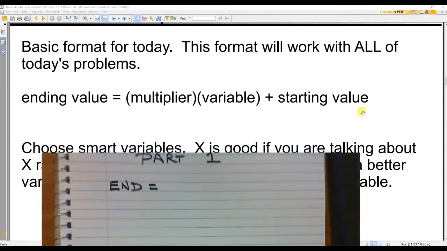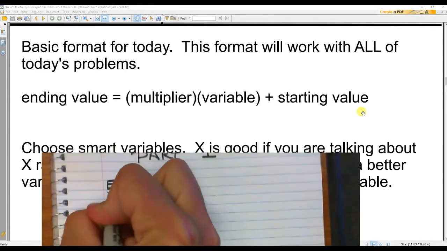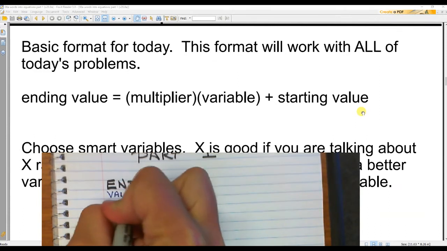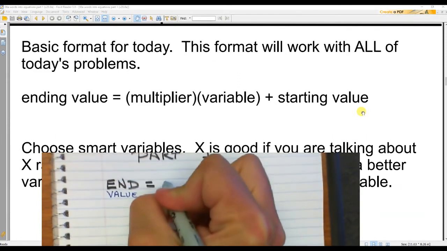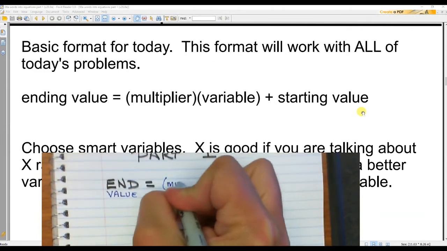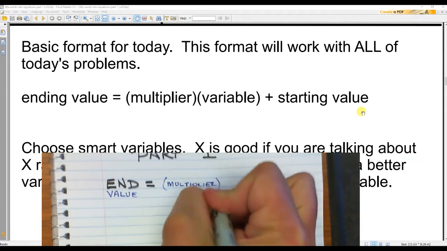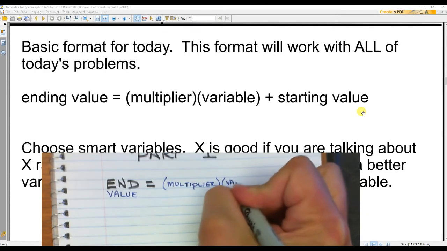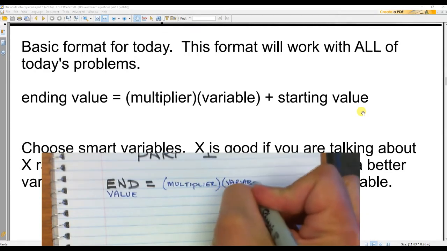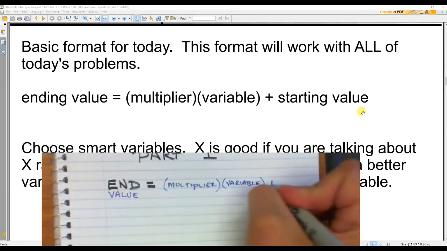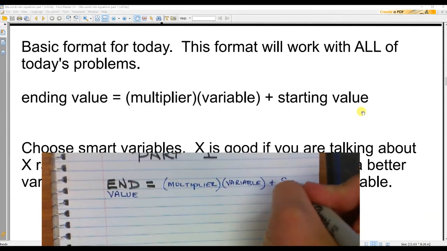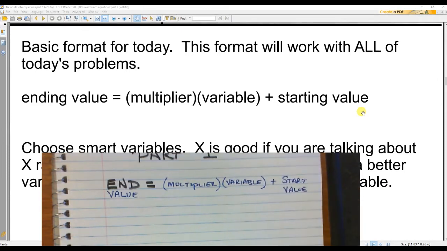I'm going to have to switch to a smaller marker to make this fit. Times a variable plus the starting value. And that should work for, I think, a lot of these.